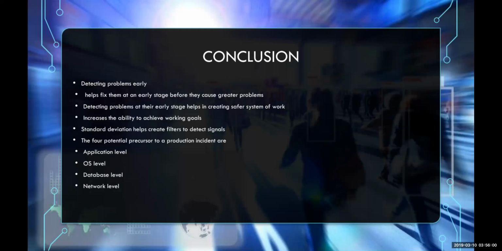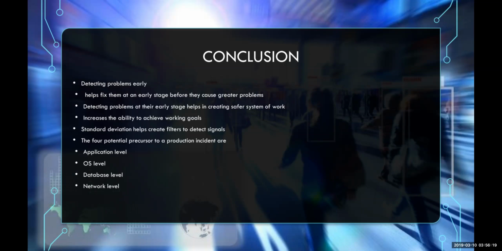In conclusion of our presentation, we spoke about detecting problems early. Detecting problems early helps fix them at an early stage before they cause greater problems.